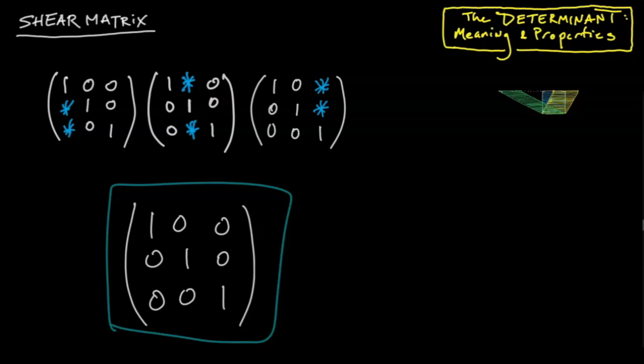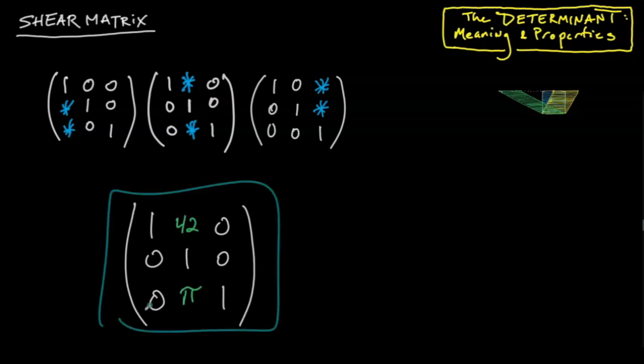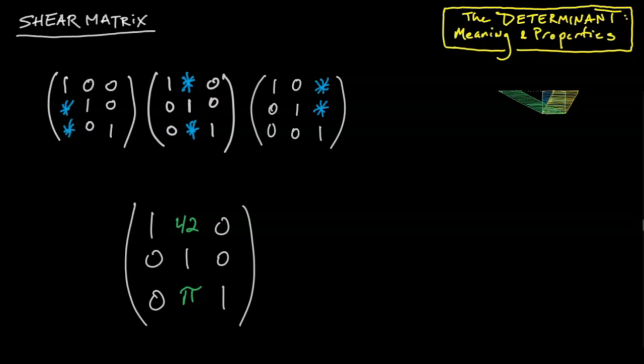We start with the 3x3 identity matrix, we pick one and only one of the columns, and we replace the zeros in our chosen column with other numbers. Do that, and you've got a shear matrix, and we know that its determinant will be 1. This is nice because now if we see a matrix like this one, we can recognize, oh, that's a shear matrix, and therefore I know that its determinant is 1 because shearing doesn't change volume.